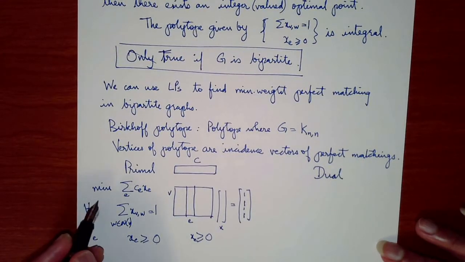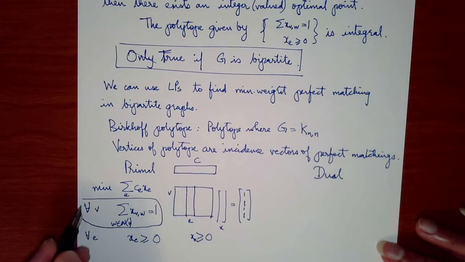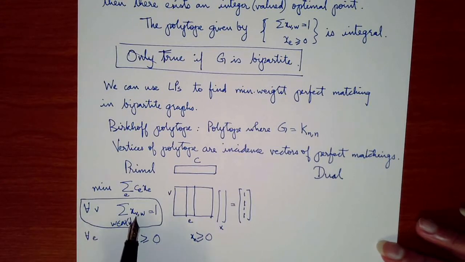So each row corresponds to this constraint here. So each row actually has many variables participating in it. Right. So actually each row is going to have a 1 for everything in the neighborhood.